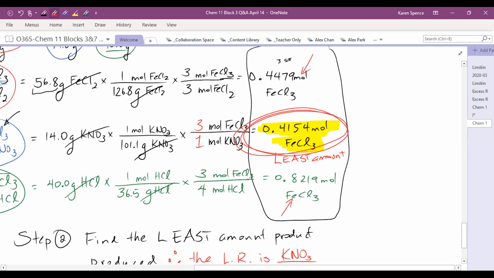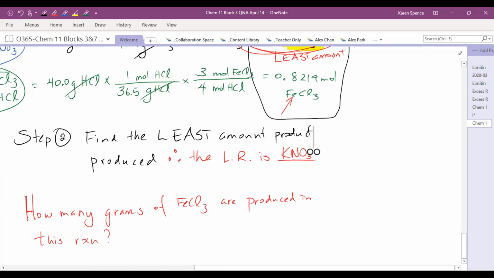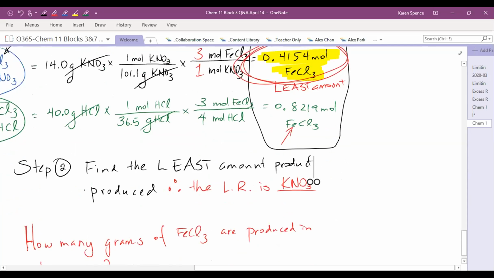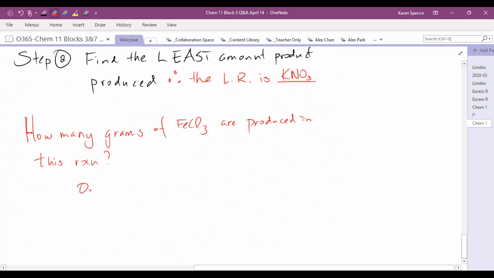So you're going to take that number, and if you were asked how many grams you could form, you would just turn it into grams. So you would say 0.4154, oh no, that was moles. Brain's going foggy. Moles of FeCl3, and you would find grams of FeCl3.